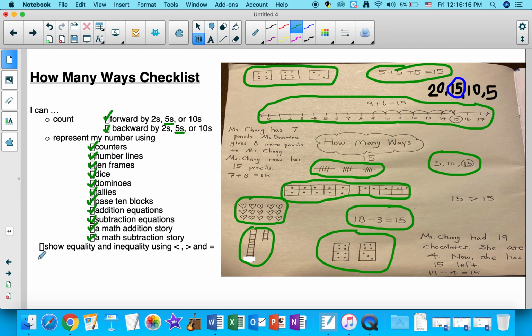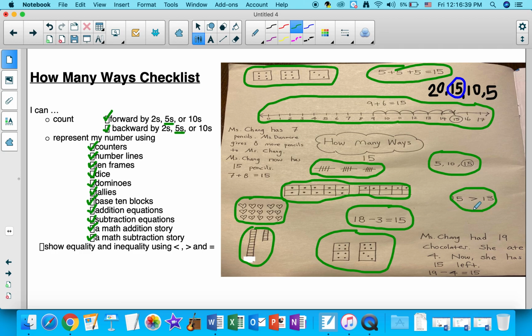Okay, and then the last one on the checklist is I can show equality and inequality using less than, greater than, and equal to signs. So I have used it here. So this says 15 is greater than 13.